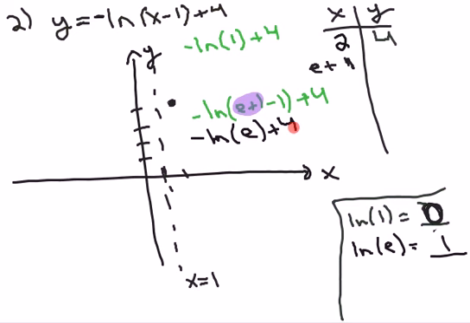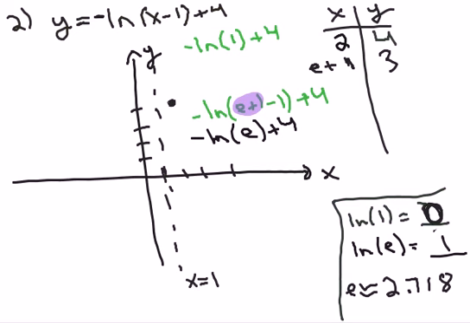Negative 1 plus 4 is 3. So I have a point at e plus 1, comma 3. Now you might be wondering, what is e plus 1? Well, we know that e is 2.718 roughly. So just add 1 to that, you get something between 3 and 4. So somewhere between here you can just approximate it. So you have the point e plus 1, comma 3.